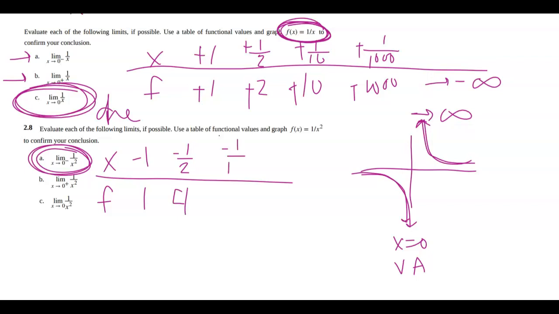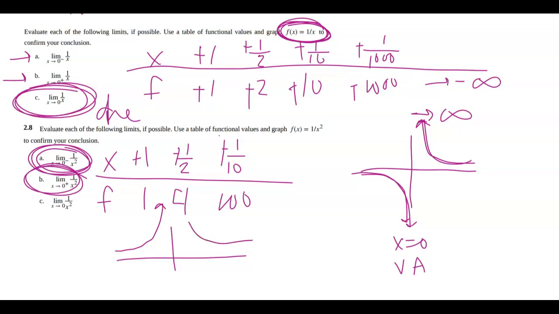You plug in -1/10, square it, reciprocal, you get 100. So what ends up happening with 1 over x squared is our negative x values tend to go to positive infinity. If we go to numbers to the right of 0, and all of these are positive, you end up getting the exact same mirrored output on the other side.